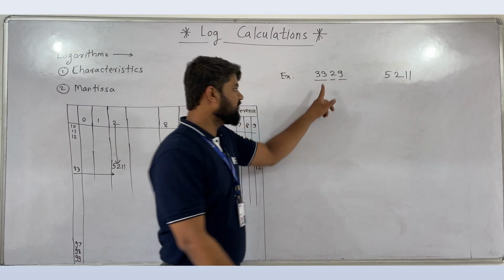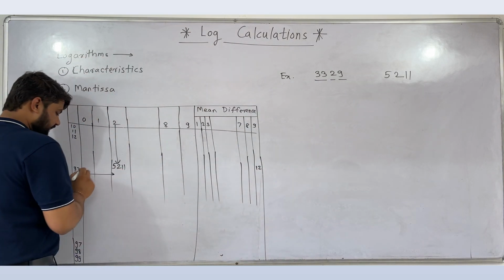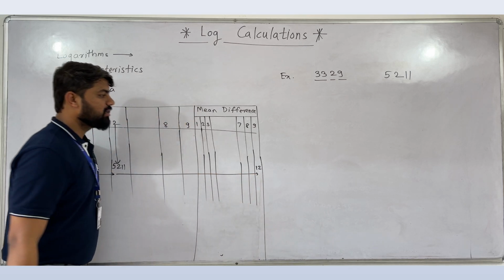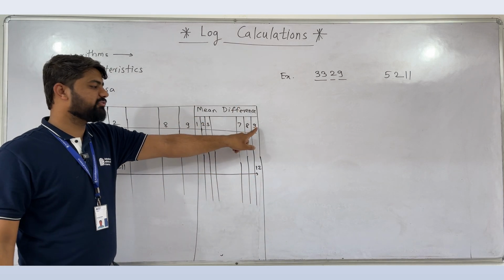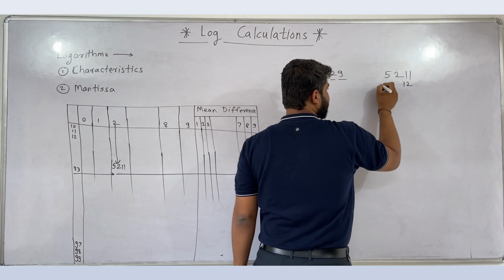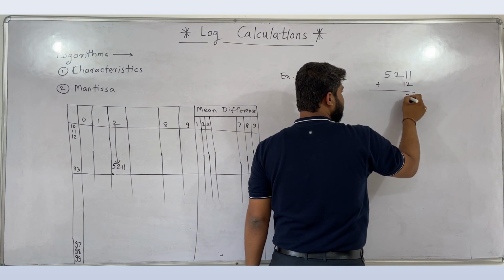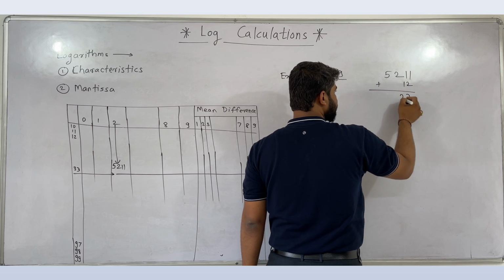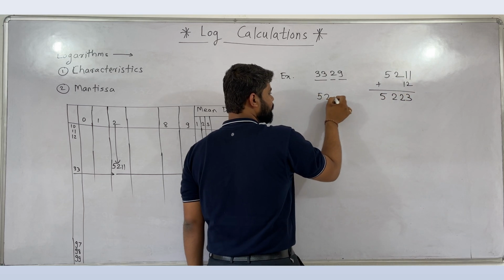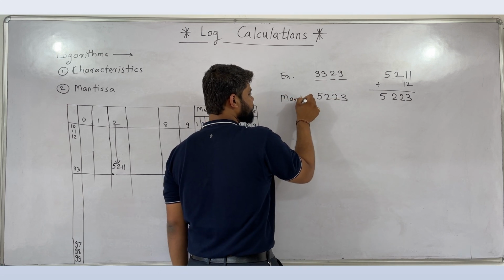So we use 33 and 2. Now what about 9? Now we will take the same row and go into mean differences, and we will find the mean difference of 9. The mean difference of 9 is 12. Now we will add this and get 1 plus 2 is 3, 1 plus 1 is 2, 2 and 5. Now this 5223 becomes our mantissa.